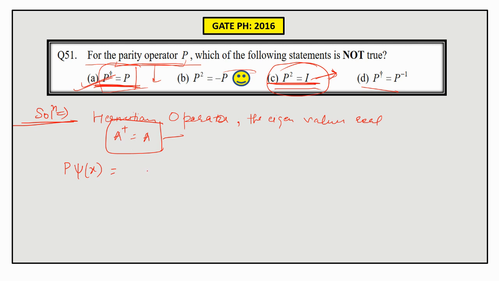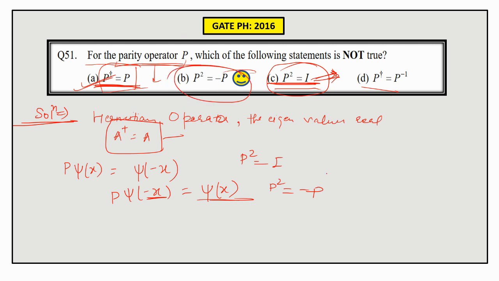If you operate it on a state, you get the reversal of coordinates, and operating again you get back the same state, that means I. So this is also true. P square is giving you I, it is not giving you P square equals minus P, so that means this B option is wrong.